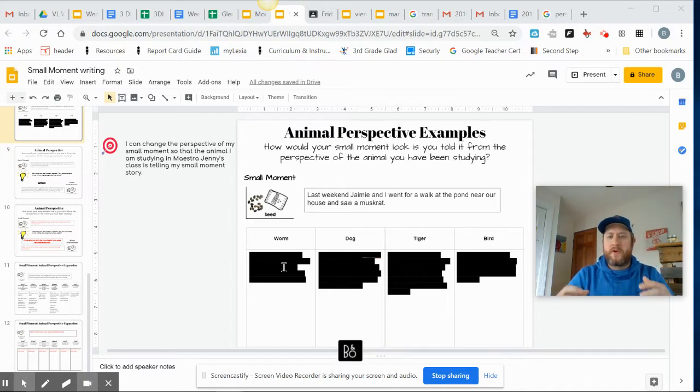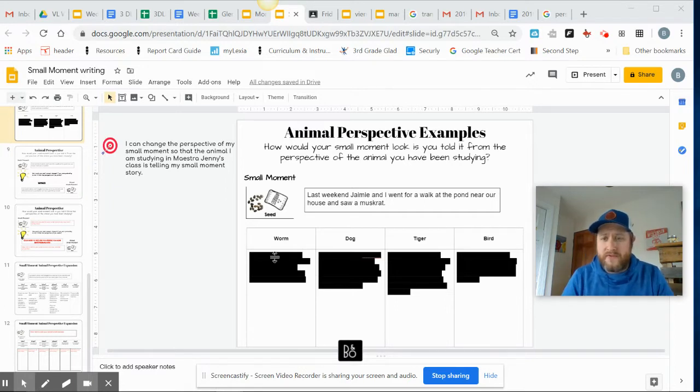How might I change the words so that it sounds like it's coming from the perspective of a worm? So we want to think about all of that research you've been doing in Miss Jenny's room. You guys have been learning so much.